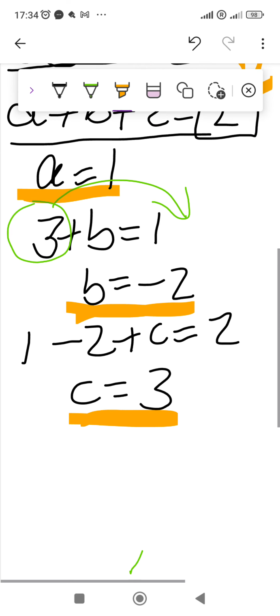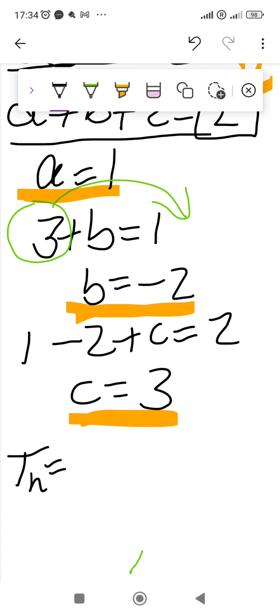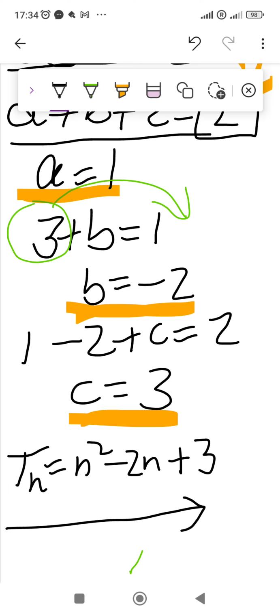Right, so let's write this down. We'll say that Tn is equal to a, which is 1n squared, plus b, so b is minus 2n, plus c, so it's plus 3. So here we have our general equation of this quadratic number pattern.